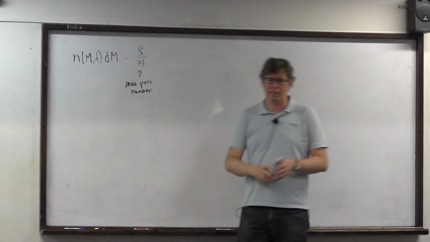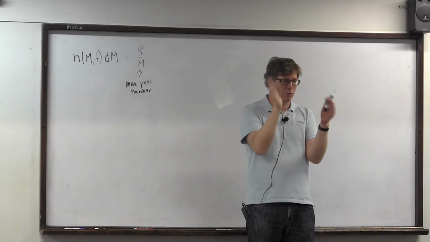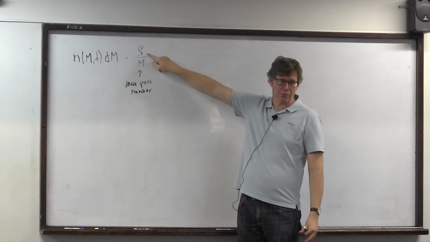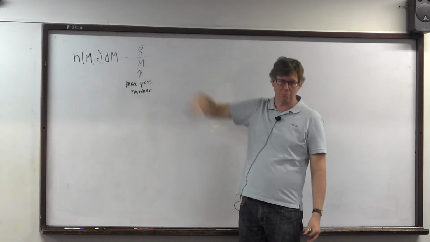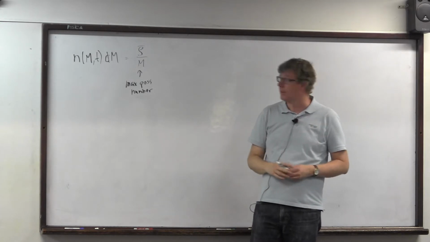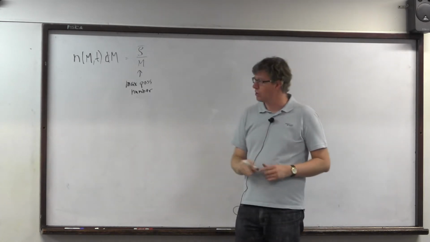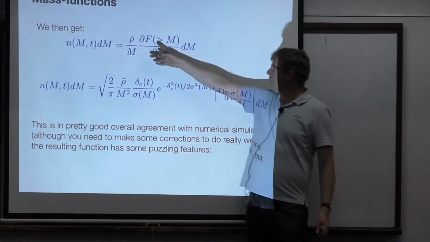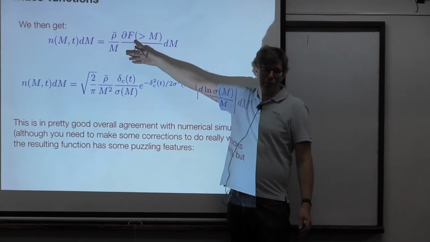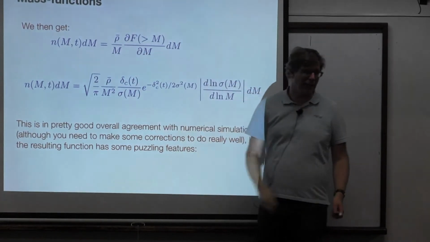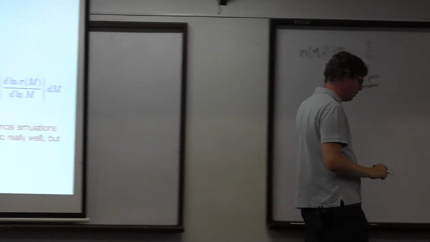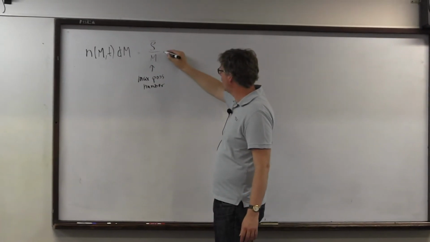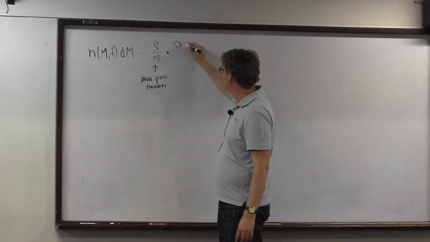Okay? I've taken all the mass and divided it into boxes, objects of mass m. That's what this means. The full density divided by m, that's the maximum number. Not all of these are structures, and the ones that are, are the fraction of structures at that mass. I get that by taking the derivative, or if you want, you can take some deltas instead, times df.